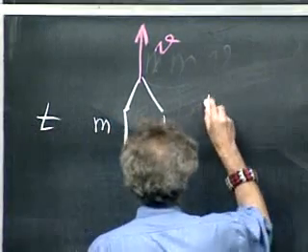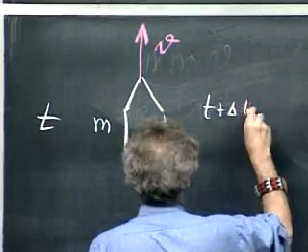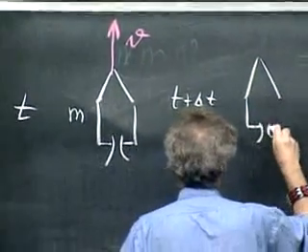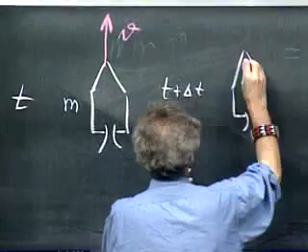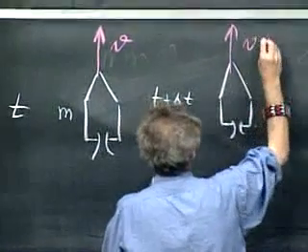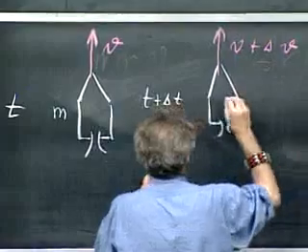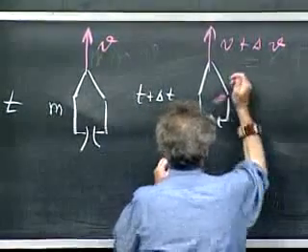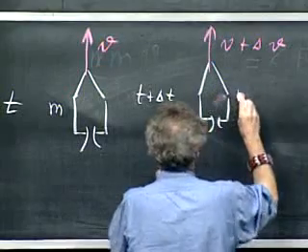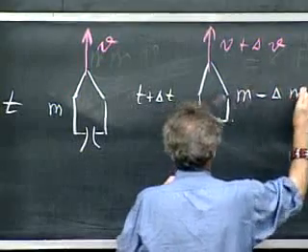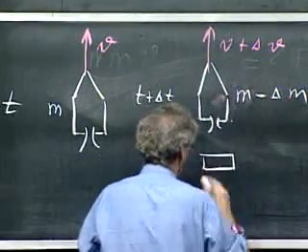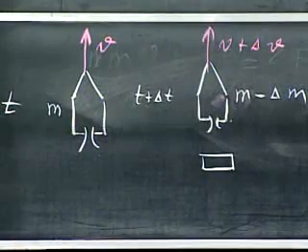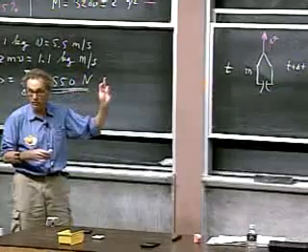And now we're going to look at time t plus delta t. The rocket has increased its speed, v plus delta v. The mass is now m minus delta m. And here is a little bit of exhaust that was spewed out with velocity u relative to the rocket.